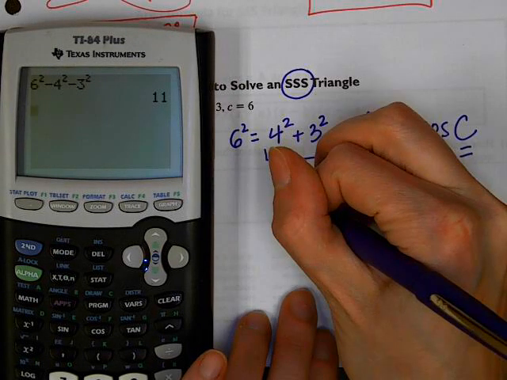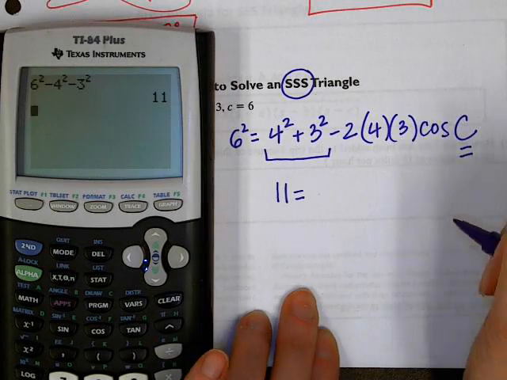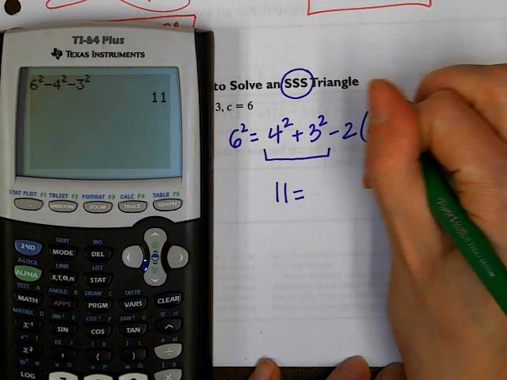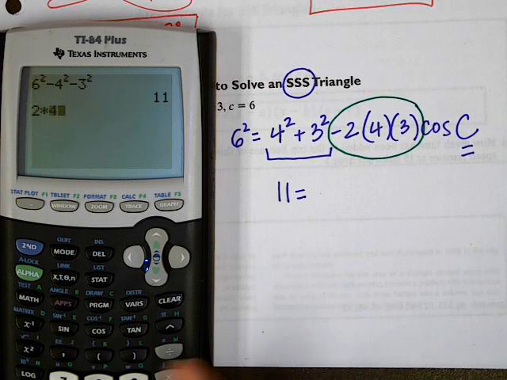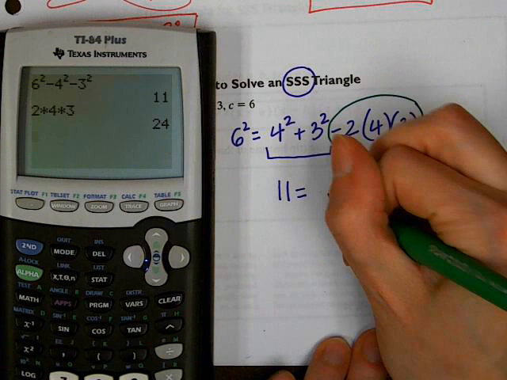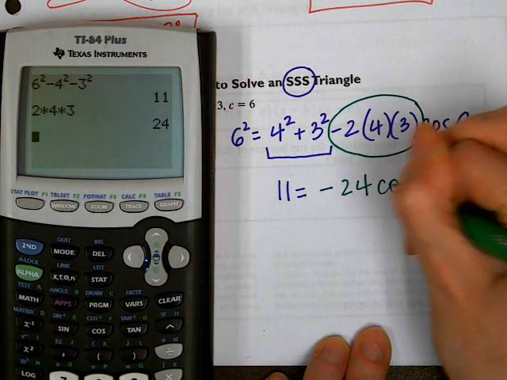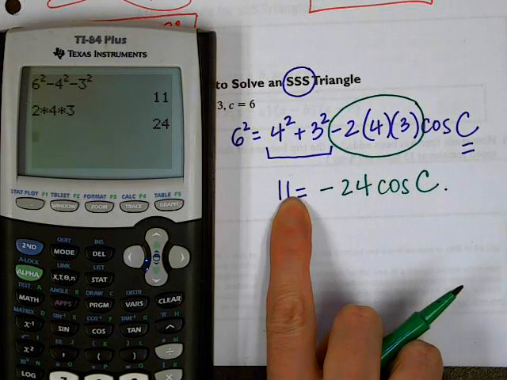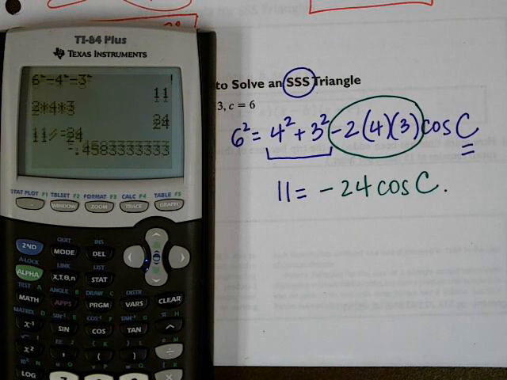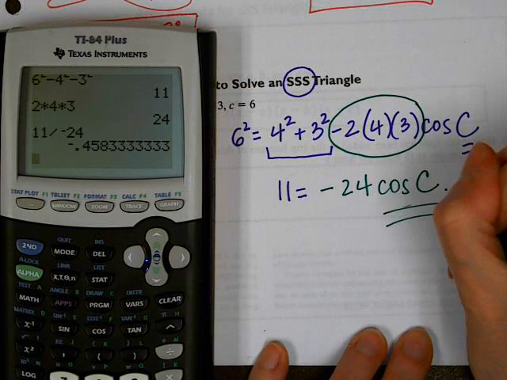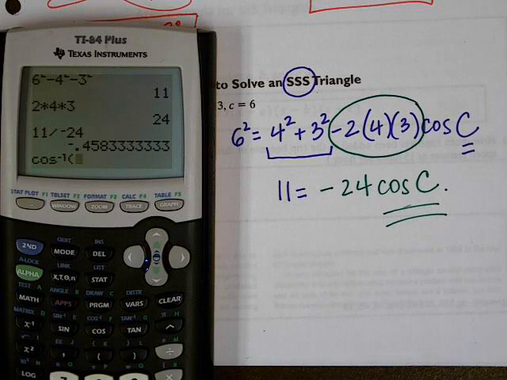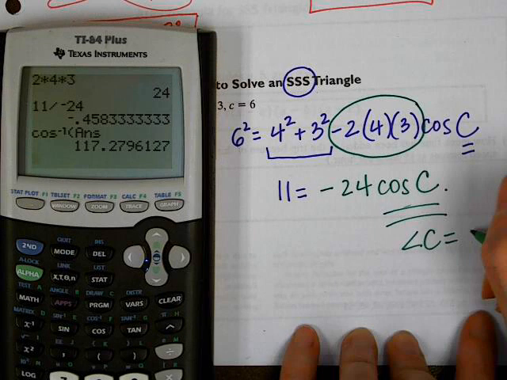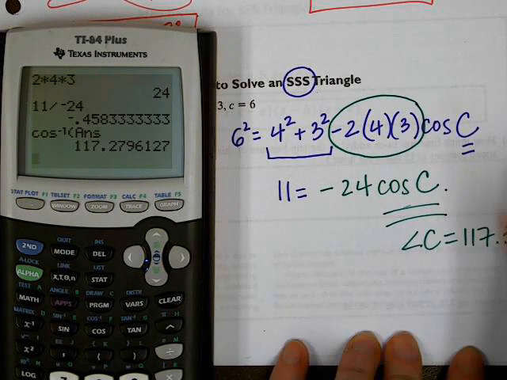Okay, so now we have 11 equals, and then we might as well just multiply this all out. 2 times 4 times 3 is negative 24 cosine of C. So then we have to divide both sides by negative 24. But then since it's an angle, we have to do inverse cos of that decimal. Okay, so angle C is going to be 117.3 degrees.